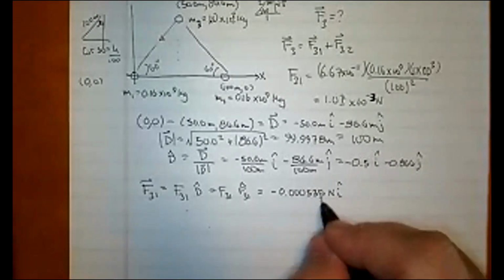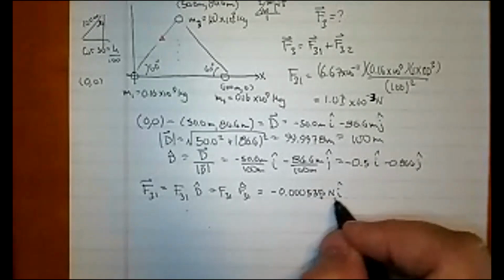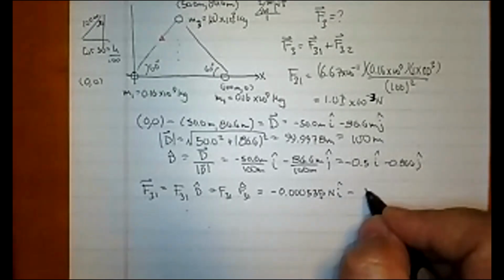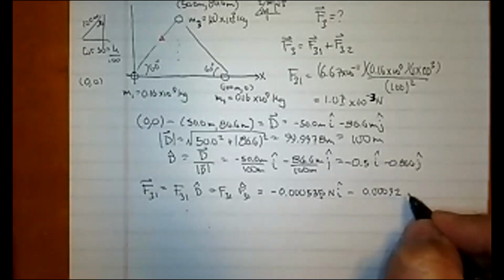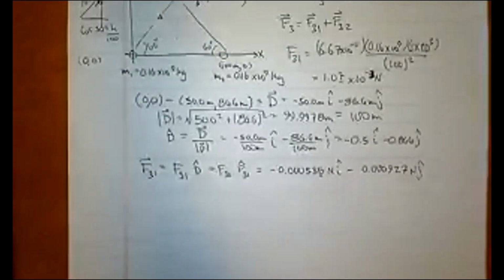And I really am only keeping 3 sig figs, so that's far enough. This one gives me negative 0.000927 newtons j hat. So that could be my vector.